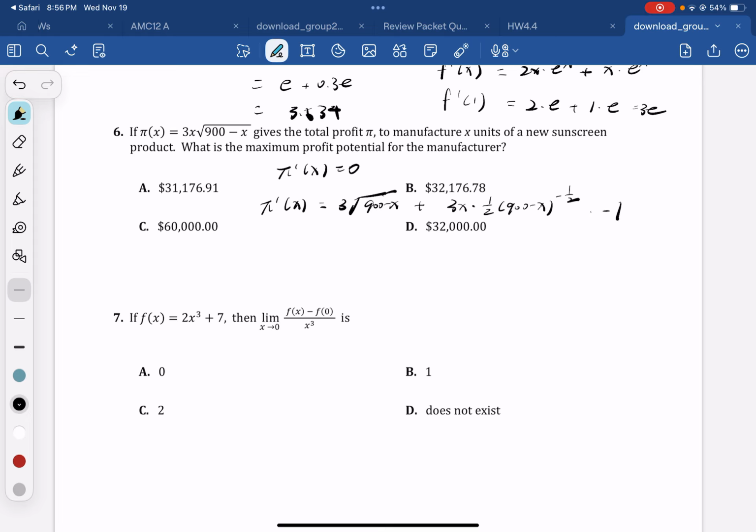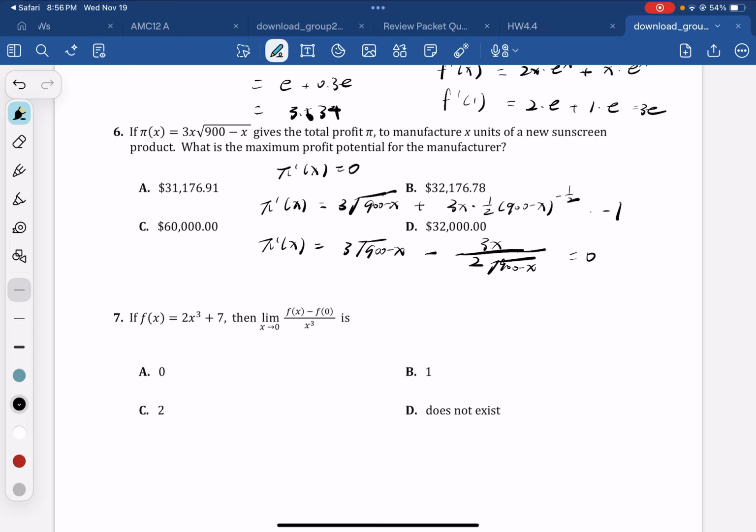We've got to use the chain rule for this derivative. So pi prime of x equals 3 times (900 minus x) minus 3x over 2 times the square root of 900 minus x, and it should be equal to 0.